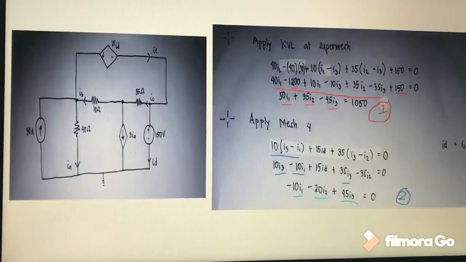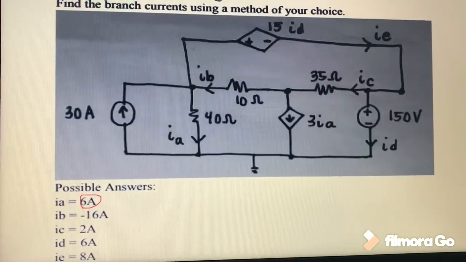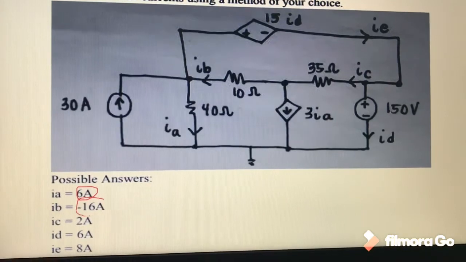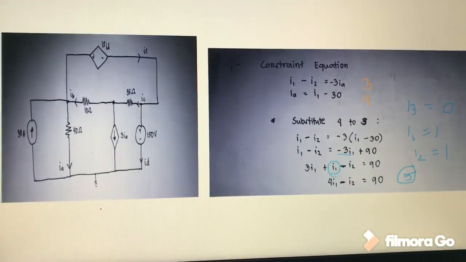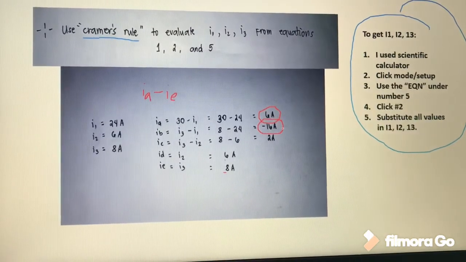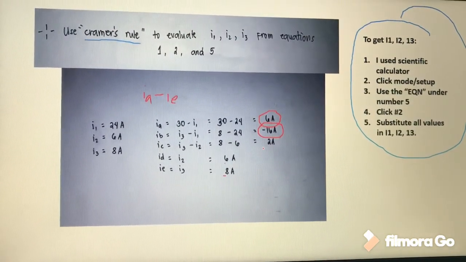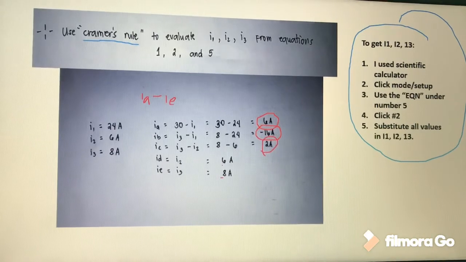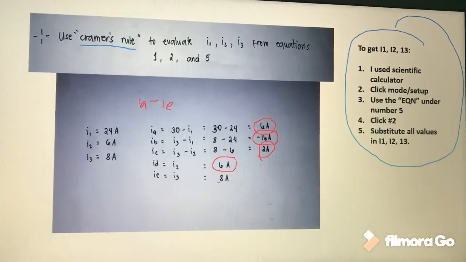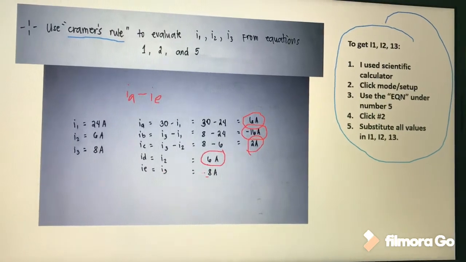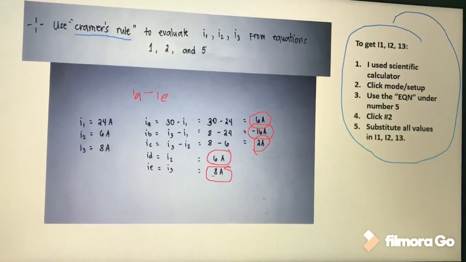Let's check if it is the same. IB is equal to negative 16A. In IC, the answer is 2A. In the ID, the answer is 6A, IE 8A.